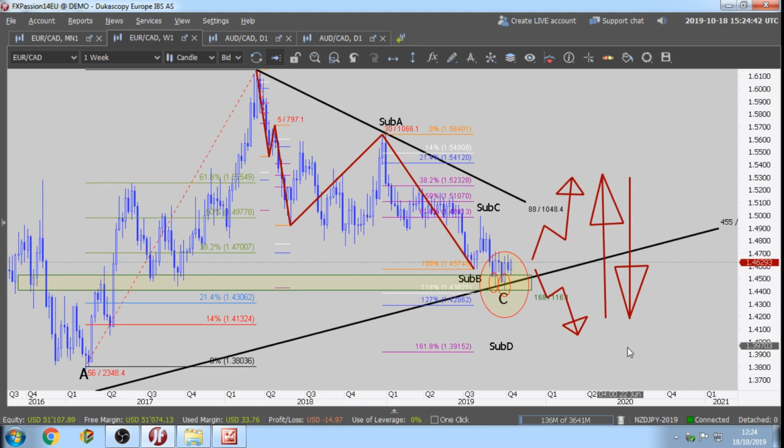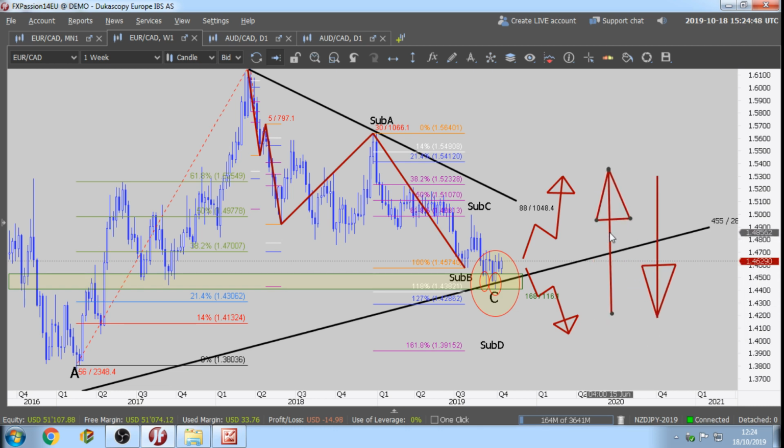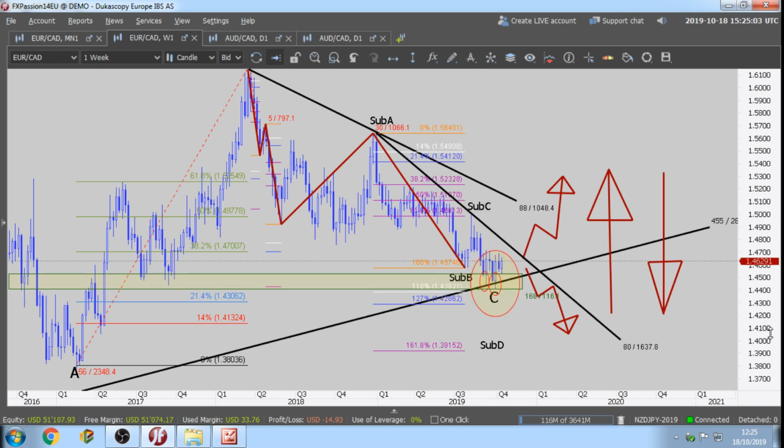Okay, now just talking about the logic, of course, the answer is, if you have two technical reasons to go short and 4 technical reasons to go long, we are going to go long.